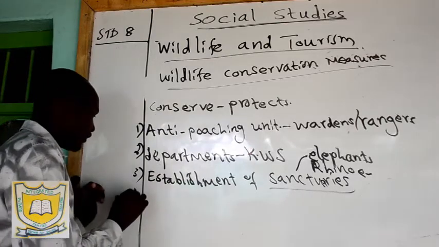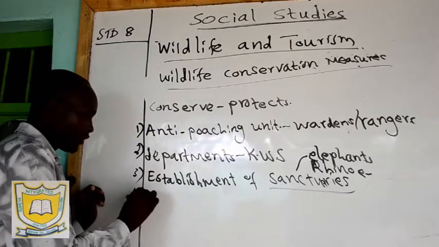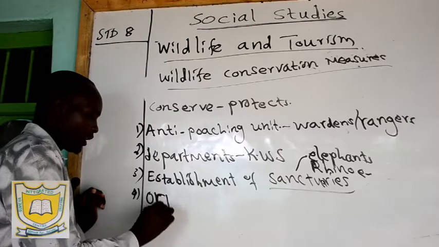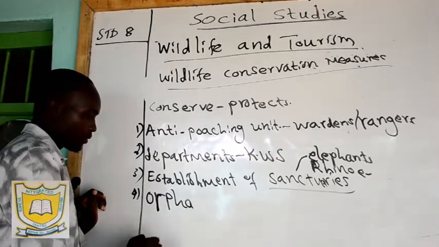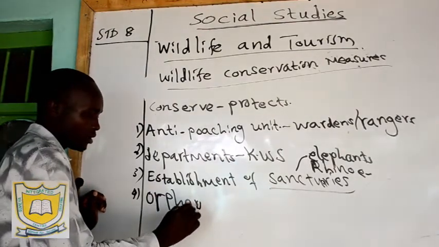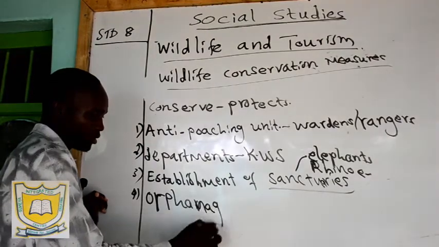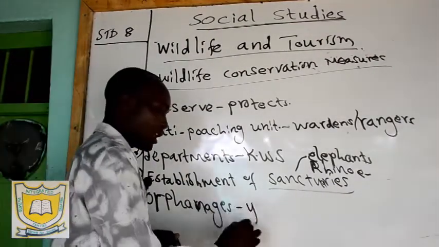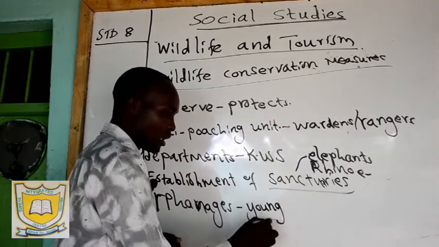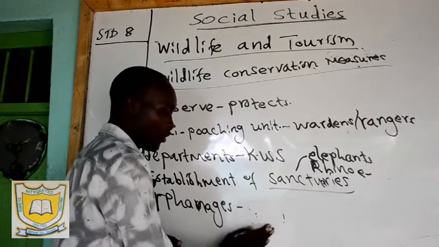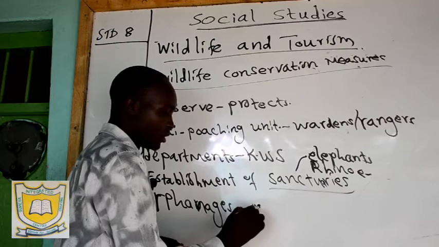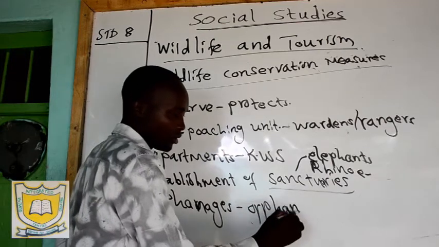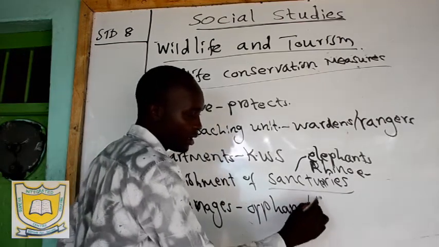Then number four, we have orphanages. An orphanage is where we keep young or orphan animals, orphans and injured.